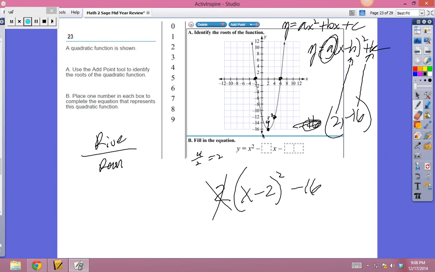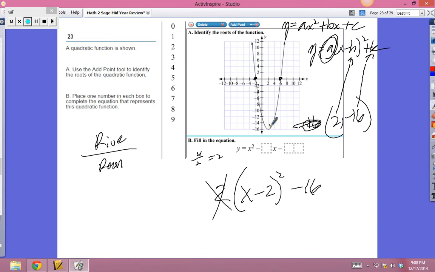So if you're doing the rise over the run, you don't go to the next dot, you just go wherever your run is 1. It's going to be like right here. So you're going to go up and over, and you're really going up 1 over 1.